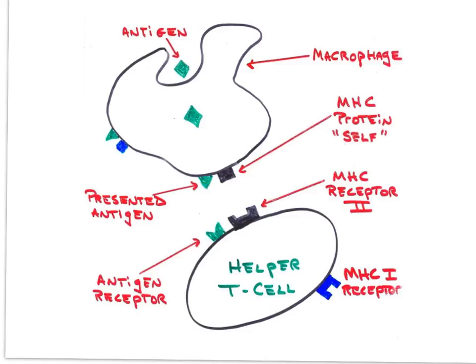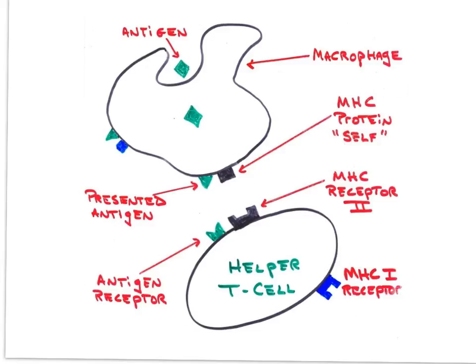Once the macrophage, here, and the helper T cell, here, contact each other and bind, the helper T cell is activated. Now the helper T cell activates B cells, and the production of antibodies by B cell lymphocytes in response to the specific antigen that's arrived gives us specific immunity.